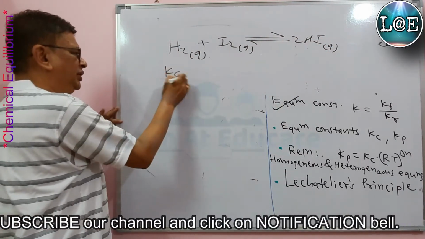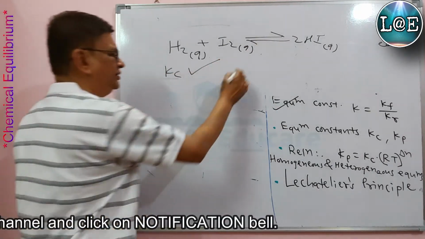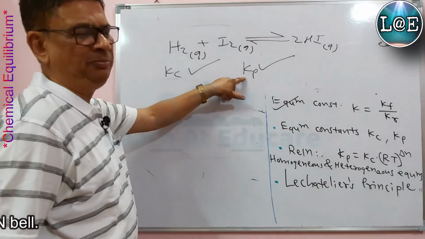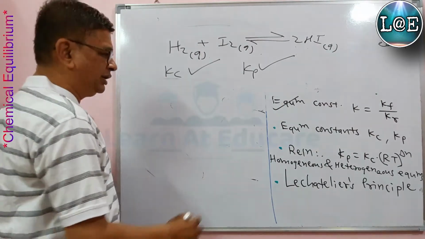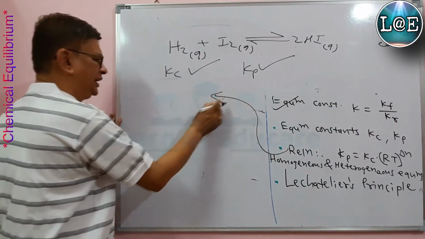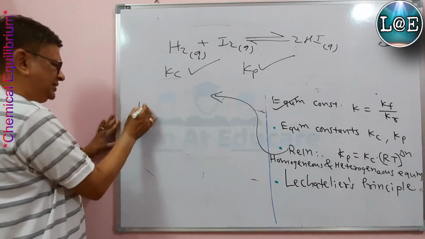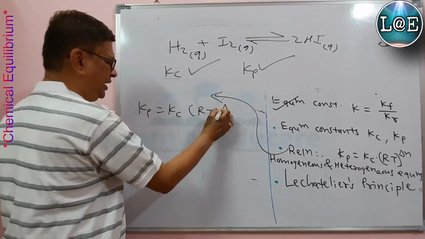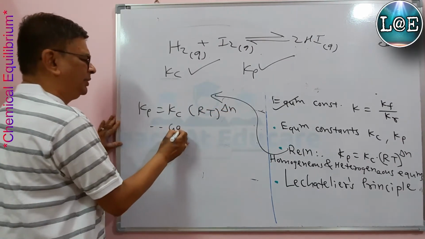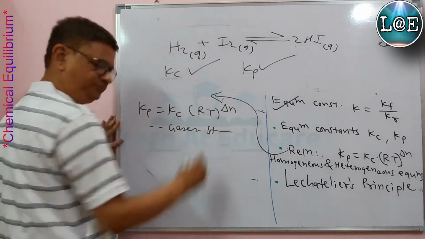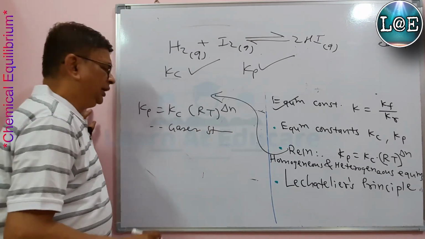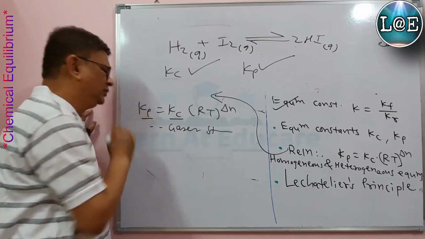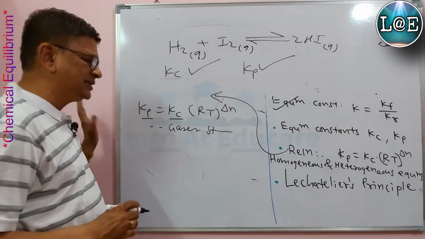Then here the equilibrium constant Kc can be taken, and the equilibrium constant in terms of partial pressure, Kp, can also be taken. There is a relation between Kc and Kp, and that relation is Kp equals Kc into RT raised to delta n. This is only applicable for the gaseous state. Remember, if it is a reaction in the gaseous state, we can have both kinds of constant, Kc as well as Kp.